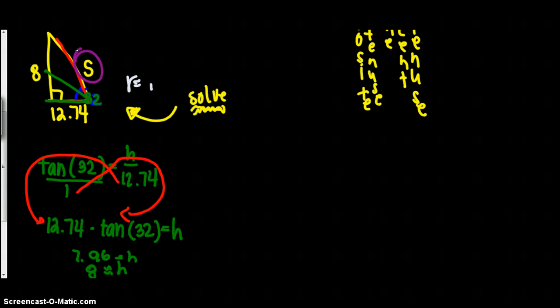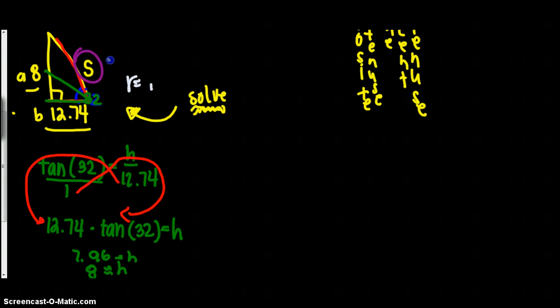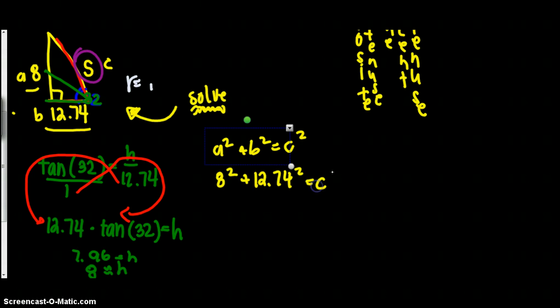To find s, you would simply use the Pythagorean theorem since you have two sides. This is a, this is b, and this is c. A squared plus b squared equals c squared. 8 squared plus 12.74 squared equals c squared. Let's type this into our calculator. 8 squared plus 12.74 squared.